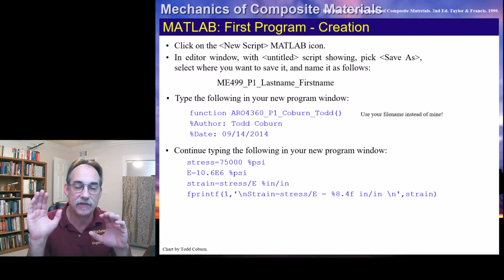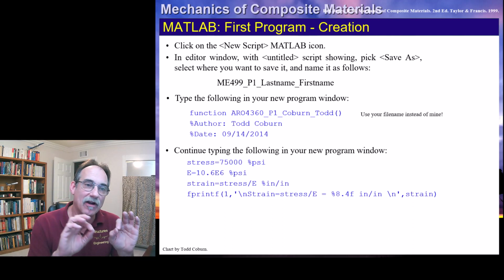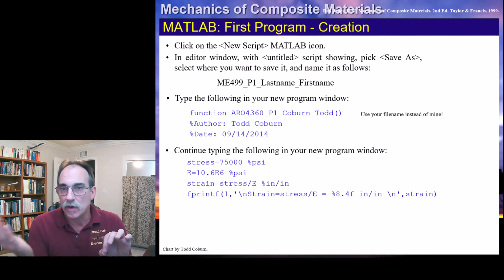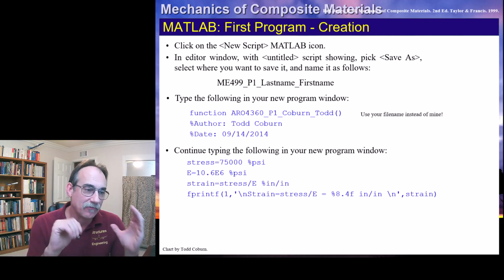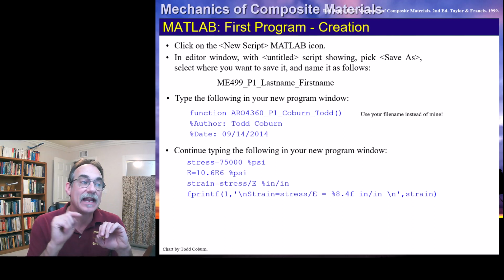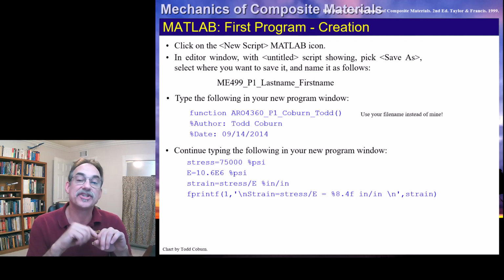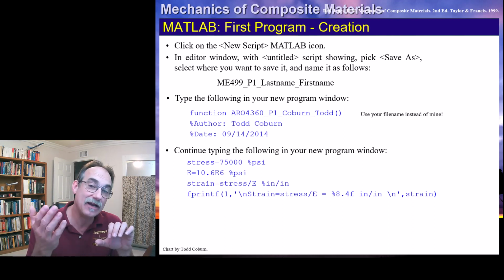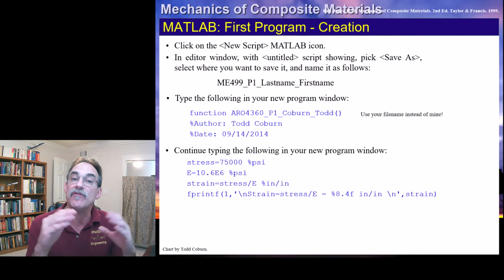If you've programmed before, you know about assigning variable numbers to different input-output devices like a printer or a file name or whatever. We're just going to put, right after the open parenthesis, a 1. That identifies the screen, or actually the command window for MATLAB. And that means it's going to write it to the screen. Later, as you get better, you can learn to change that and send that off into files.